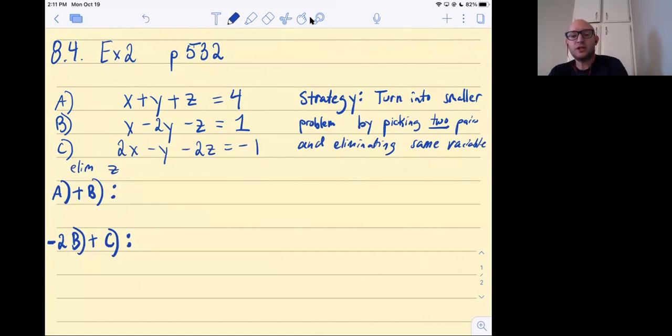And the reason we do that is once we've done that, we'll have a 2x2 system which we can solve. And if you're comfortable with the idea, just go ahead. You don't have to. You can keep working and then see if you can follow through with the whole strategy.